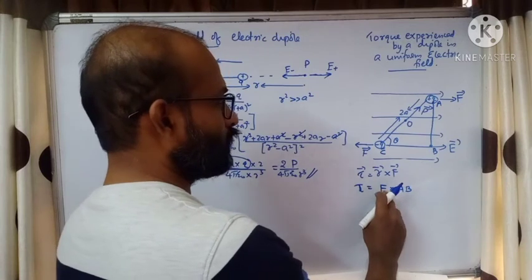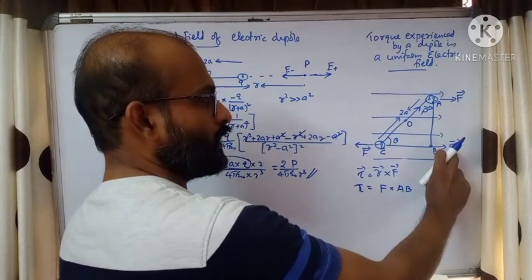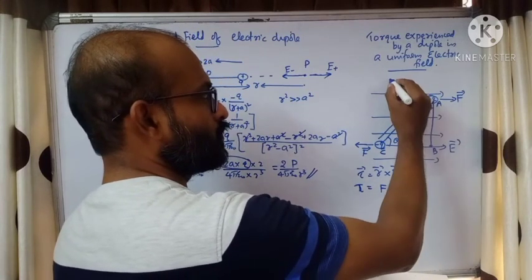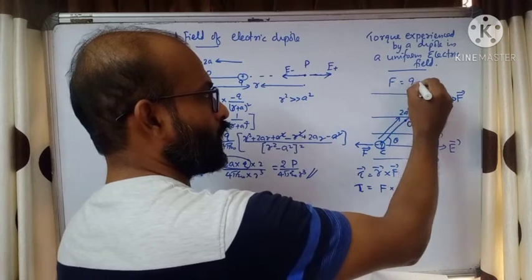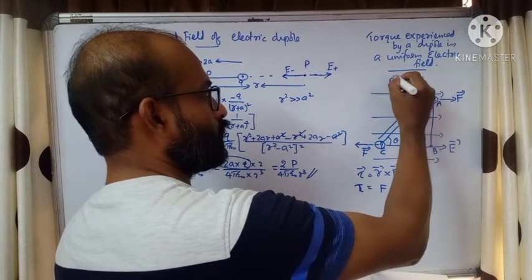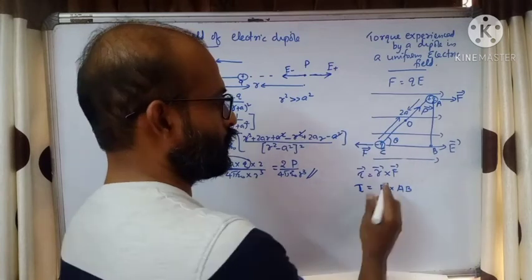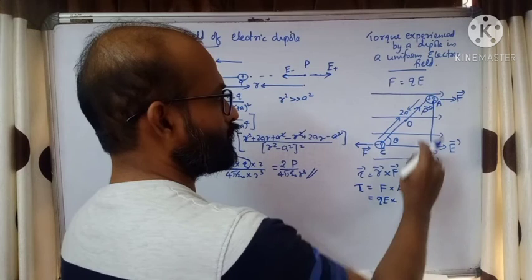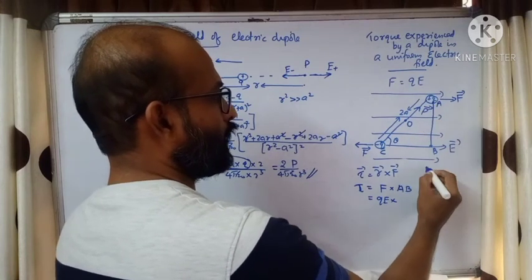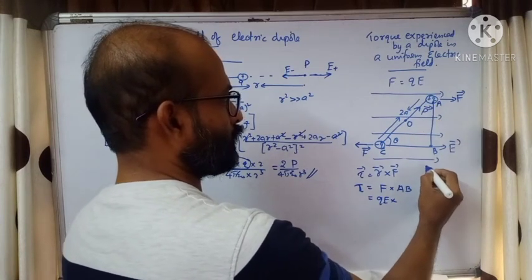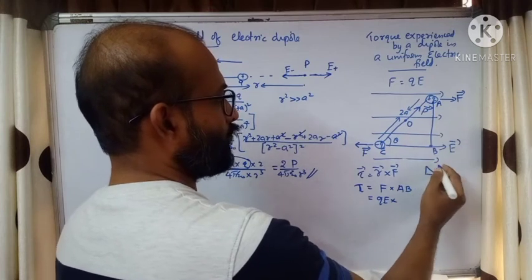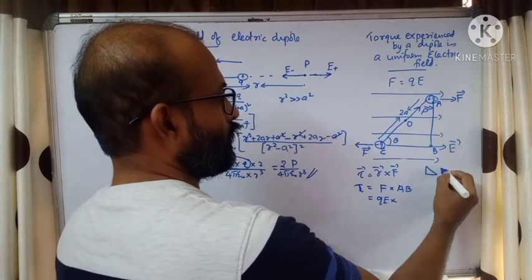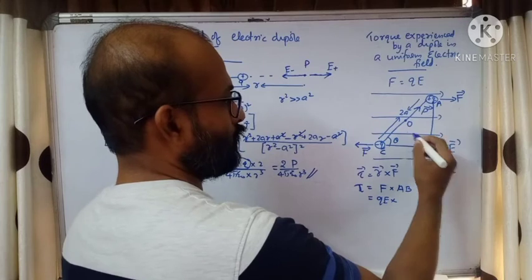What is F? F is the force experienced. If E is the intensity and Q is the charge, we know the relation F is equal to Q into E. This is the force experienced by both the charges. I substitute F is equal to QE. Now what is AB? In the right angle triangle ABC, what is sine theta?